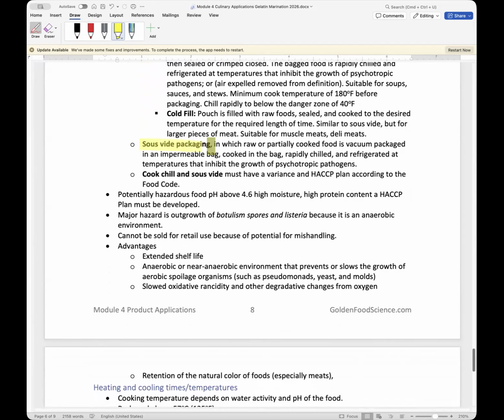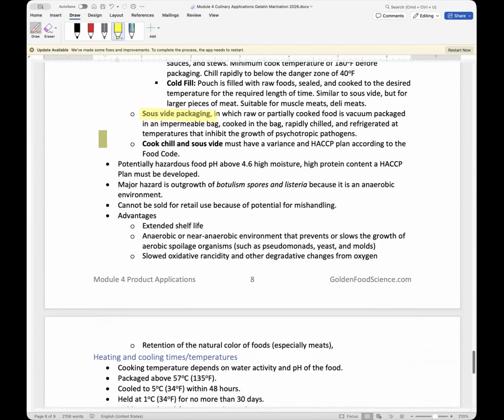We can do sous vide, where you vacuum pack first and then cook in a water bath. If you do cook chill or sous vide in a restaurant, you must have a HACCP plan. I know in a facility we always have a HACCP plan, but in a restaurant, they must have one.